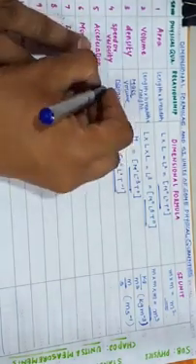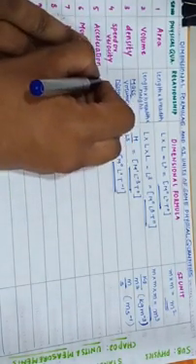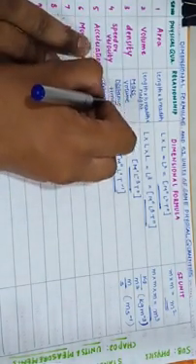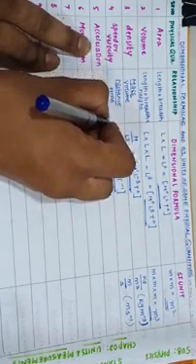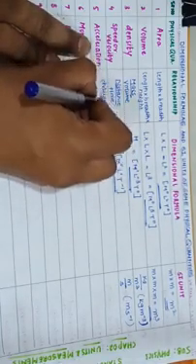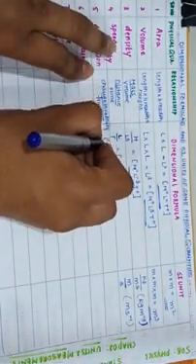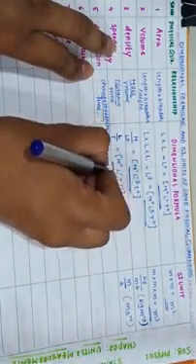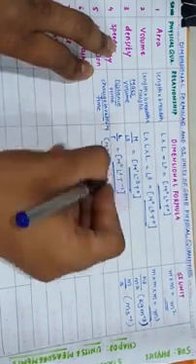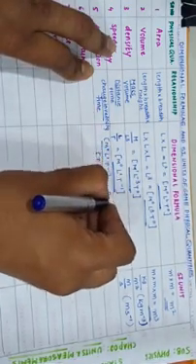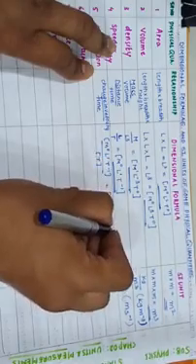Next is acceleration. What is acceleration? Acceleration is nothing but what? Change in velocity upon time. Change in velocity, you have already derived the formula for velocity, that is M0 L1 T minus 1 divided by time is T. Again this T will move up, so it's M0 L1 T minus 2.